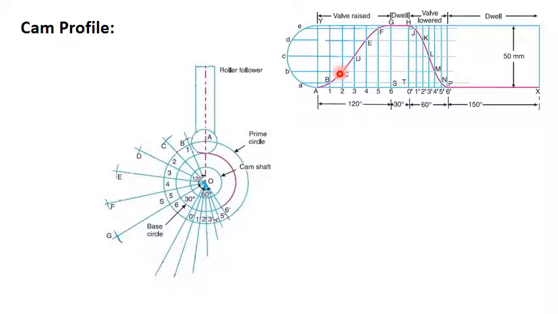Similarly, 2 to C you measure with rounder. From point 2 you draw an arc which is C. From 3 to D you measure.